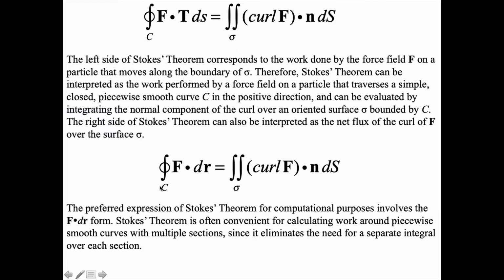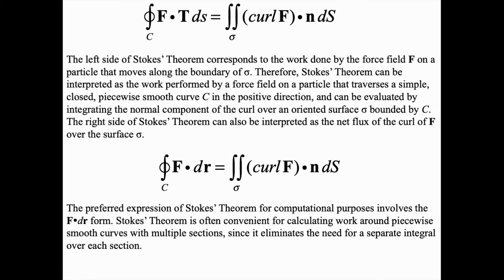If you have a curve that has multiple sections, piecewise smooth, you could avoid all that by just looking at the right side and evaluating one double integral, a surface integral over the surface that's enclosed by that curve C. So it eliminates the need for a separate integral over each piecewise smooth section of the curve C.